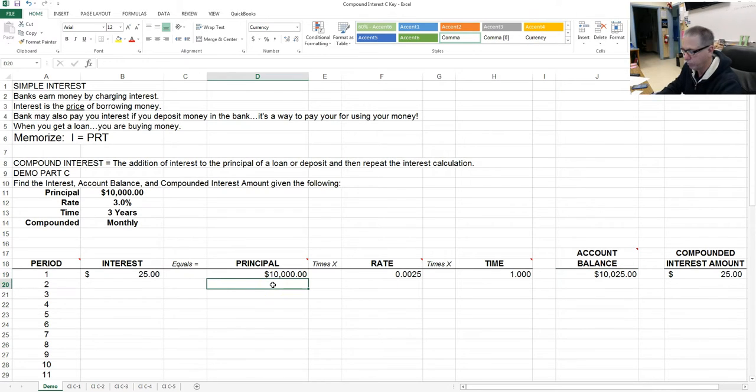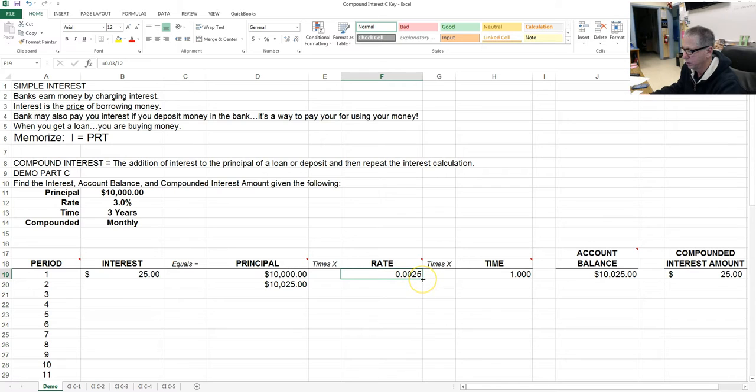So we're almost to the point where we can start copying these formulas. Let's put an equal sign, previous account balance. The interest rate is going to be the same. Amount of time, we're just going to multiply it by 1. We could skip that step since we're multiplying by 1, but we'll go ahead and do it for practice.